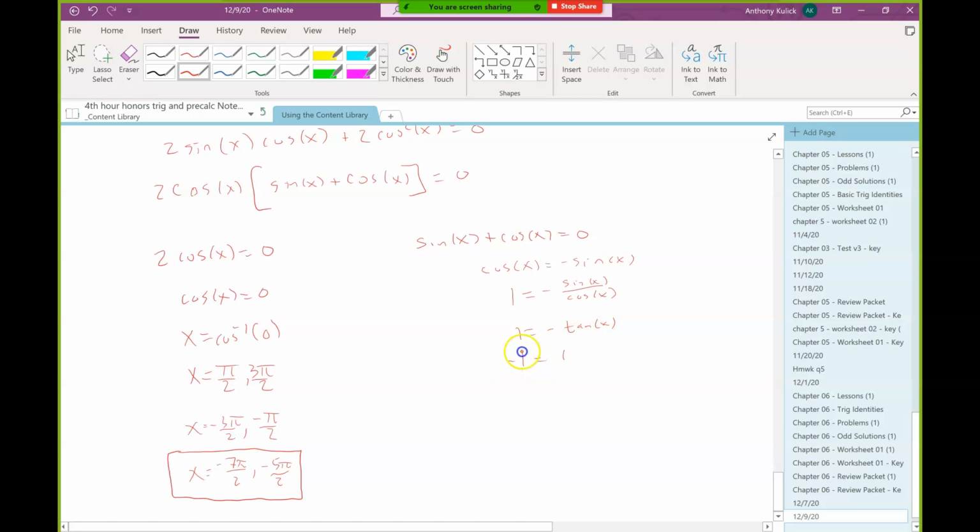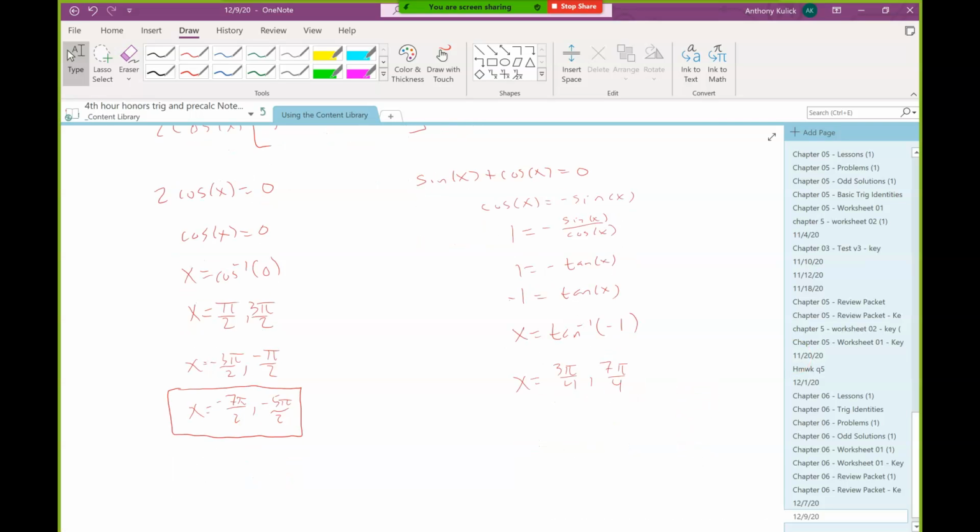And then I'll move the -1, divide both sides by -1. So x is equal to tan inverse of -1. So I'm going to go to my unit circle and look for the places where y divided by x is equal to -1. That happens at 3 pi over 4 and at 7 pi over 4.